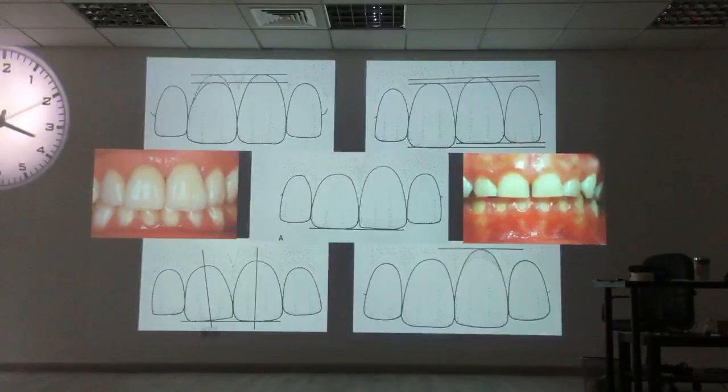Where will the final margin of your final crown be? Then you decide where the implant will be, not where the bone is. Maybe the bone is here. Don't put the implant here. This is the exercise.